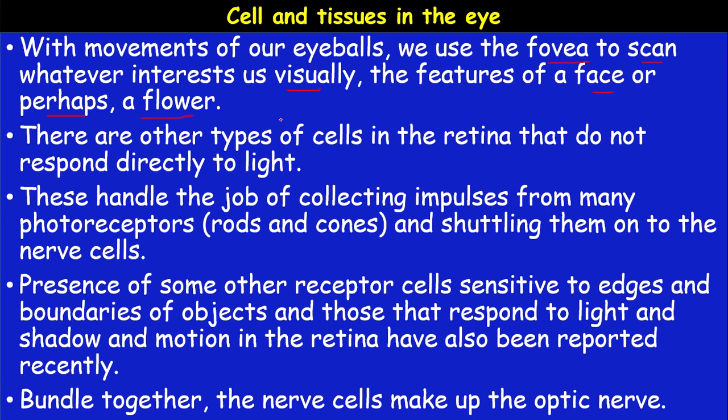Okay, how is this optic nerve formed? What is an optic nerve? Optic nerve is nothing but the sensory nerve which carries the sensory information from the eye to the brain. The bundles of receptor cells which are present in the eye together form this optic nerve.